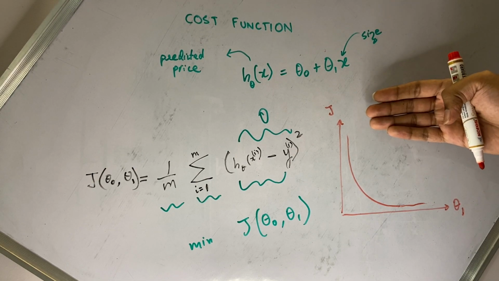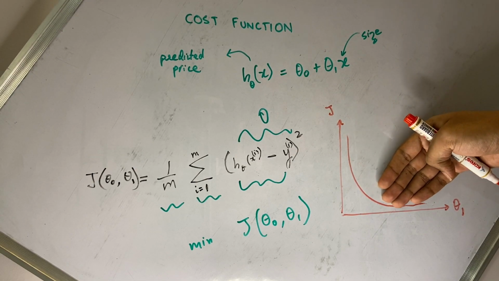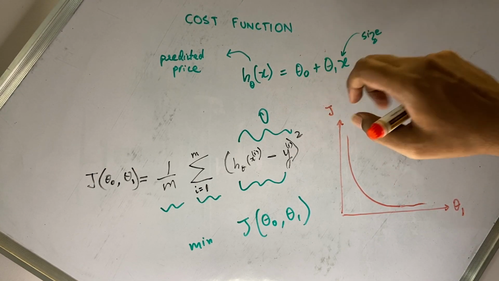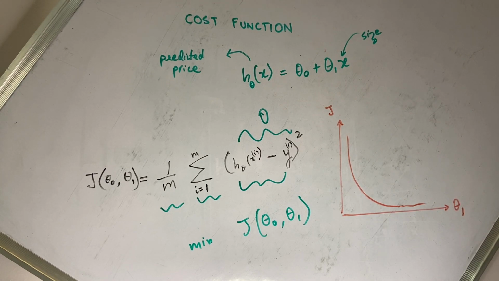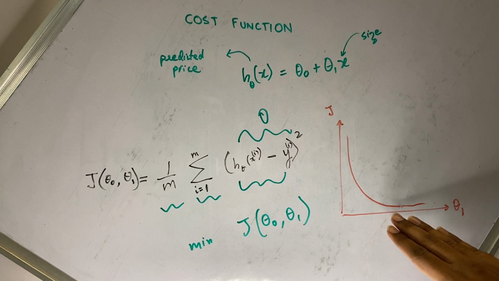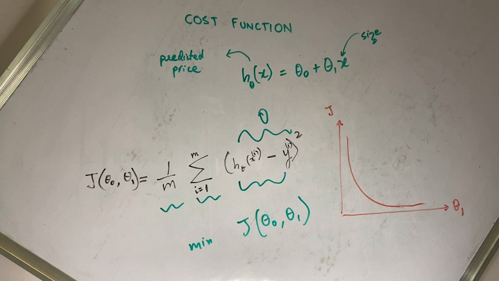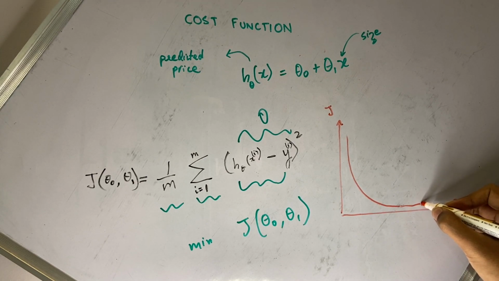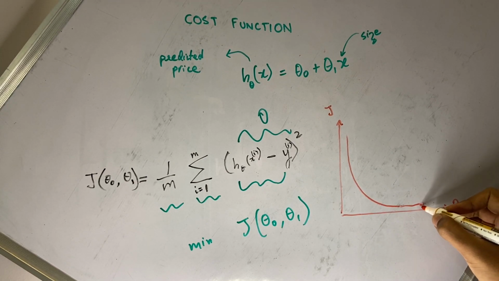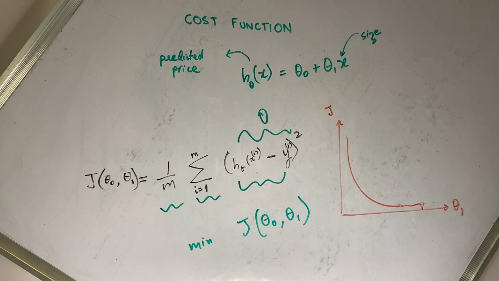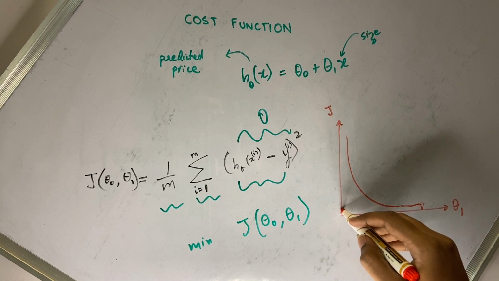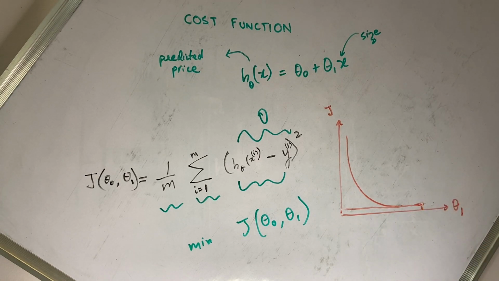So over a number of iterations, we would have reduced the cost by tweaking the values of theta 0 and theta 1. So it would saturate at some point in time. This is where you would conclude saying it has reached a global minimum. This would be the value of the cost over a number of iterations.